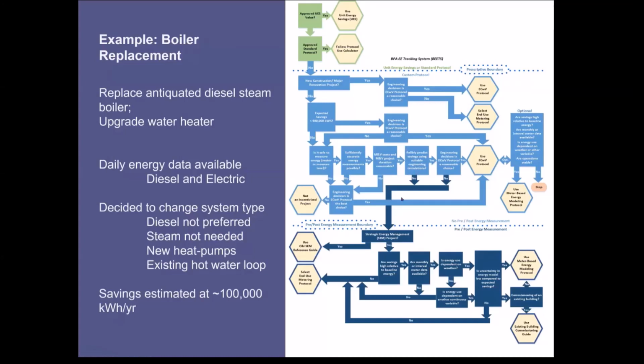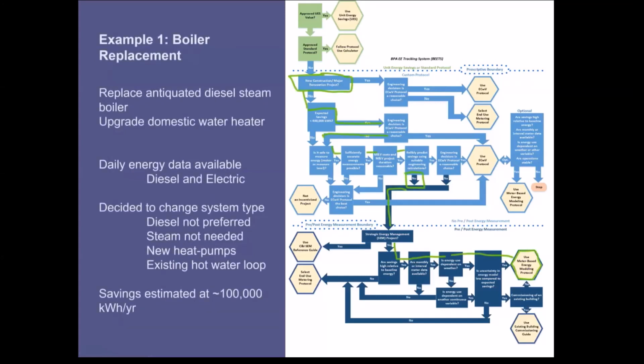So instead, we come down to the bottom part of the chart here, and we're going to need to use energy data. It's not a SEM program. We have a high level of savings, and we are sub-metered, and we are dependent on weather. And so we can make a good model. So we're looking at using the meter-based energy modeling protocol for this particular retrofit.